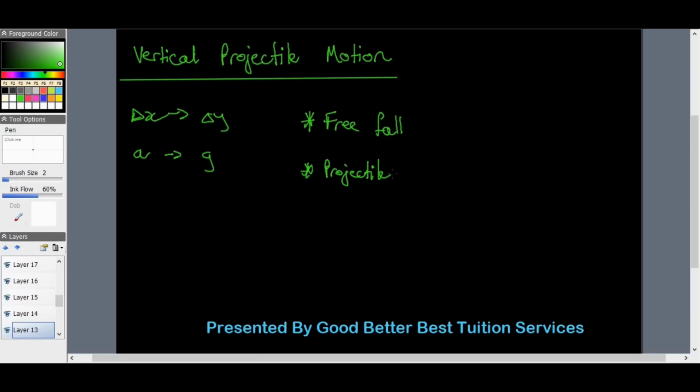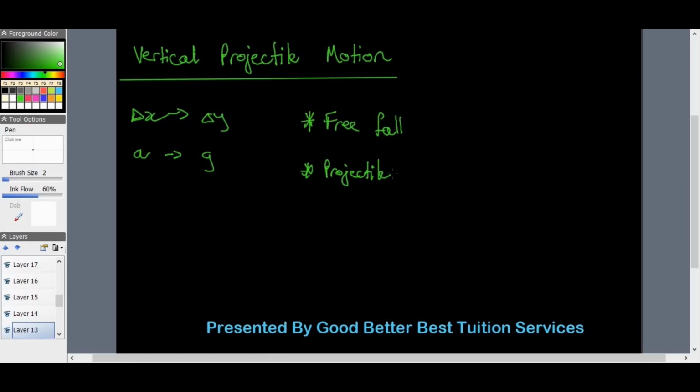The gravitational force is overcoming the air resistance. Because believe it or not, air resistance can play a big role, but sometimes we can just ignore it.